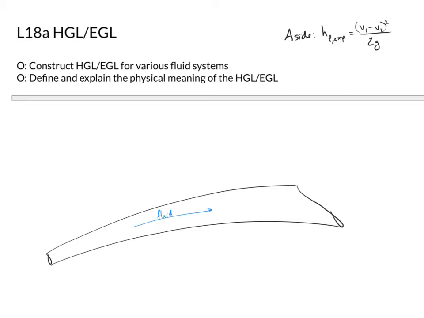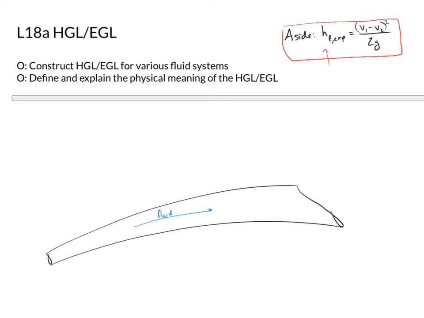The other thing that I want to do, and I just have this in my notes, so I'm not really sure why I have this here yet, is make a note of the head loss due to an expansion. That's h with a lowercase l, and for an expansion it is (V1 minus V2) squared over 2g.